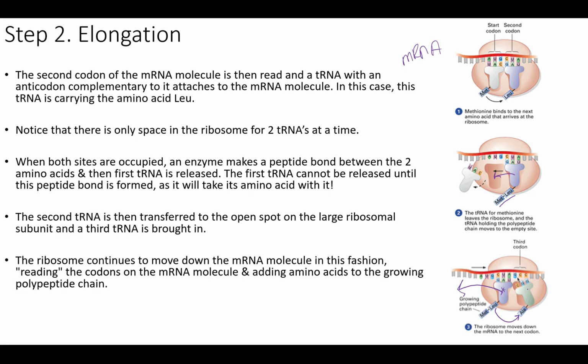And then this tRNA will then move over, and the next tRNA will be able to come in. Okay, so that's going to happen normally at least 500 times, sometimes more, because there are some really big proteins in the cell. And so this step of the process is called elongation because we are building or elongating our chain of amino acids.